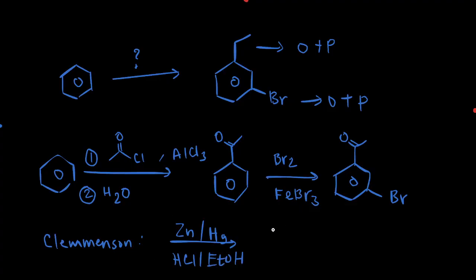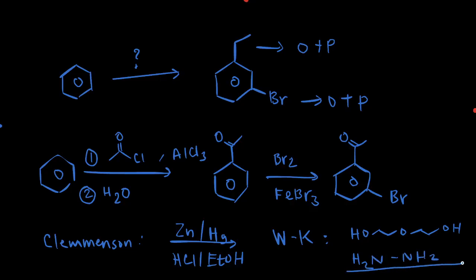And if we wanted to do Wolff-Kishner, I'll just abbreviate that WK, that would be a little bit more elaborate, looking something kind of like this. And again, we want our KOH, and we want this all at 200 degrees Celsius. This kind of all got cut out in the bottom, I can see that.